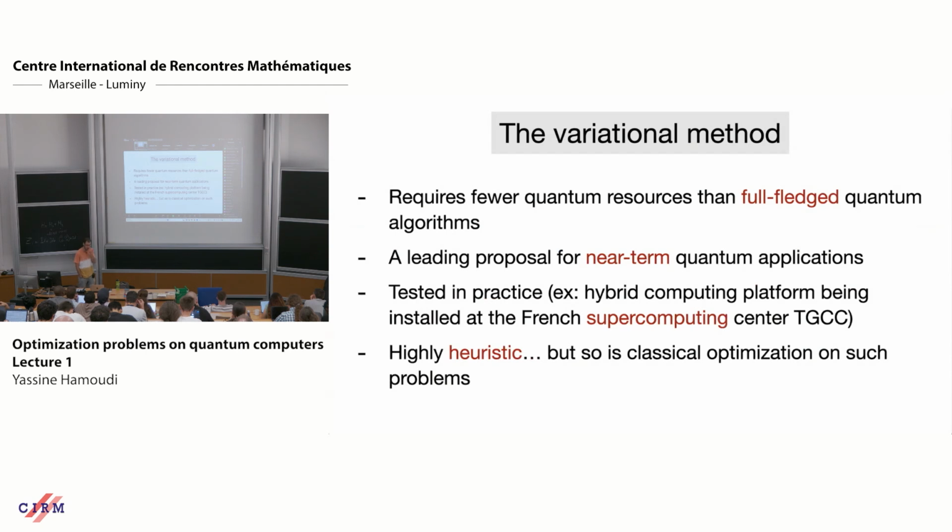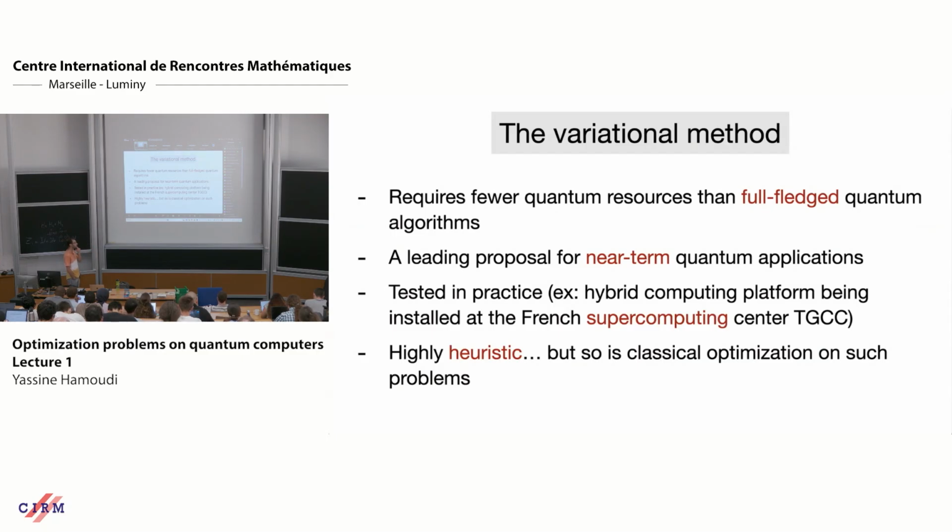One of the big advantages of the variational approach is that it could require much fewer quantum resources compared to the algorithms we studied before, because now the quantum algorithm is just used to estimate the energy and nothing else. This is a leading proposal for near-term quantum computing, and it's actually being tested in practice.